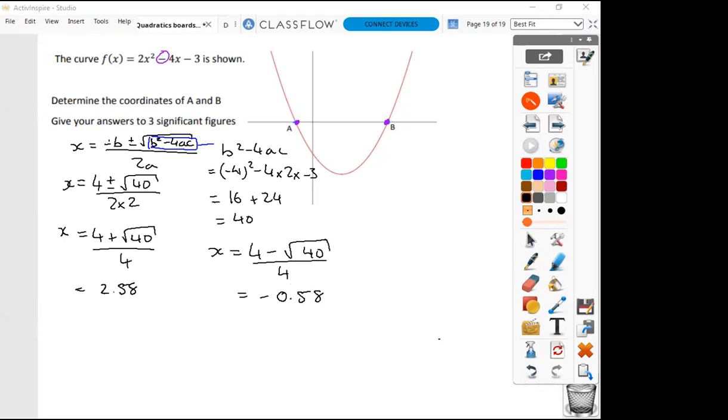Negative 0.581 and 2.58. Oh yeah, 3 sig fig. All right, so it's given the coordinates. The coordinates 2.58, 0. Okay, so y is equal to 0. And negative 0.581 and 0.